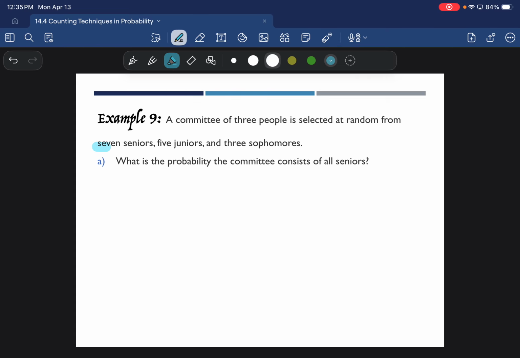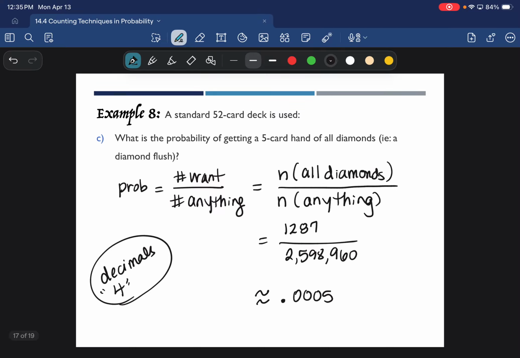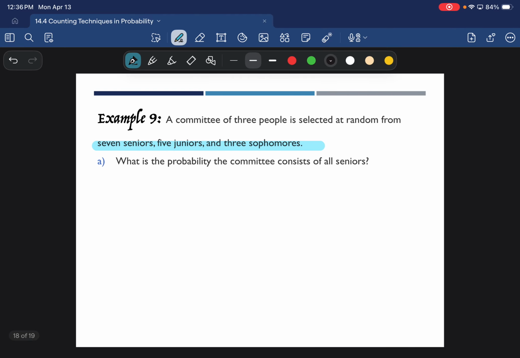Those details are important right here. And we want the probability that it consists of all seniors. This is very similar to the previous problem. It's asking about probability, true? So it wants the probability of all seniors.